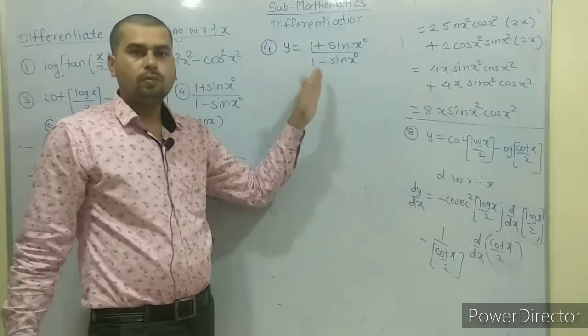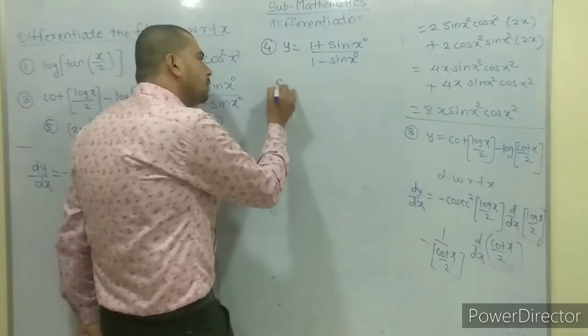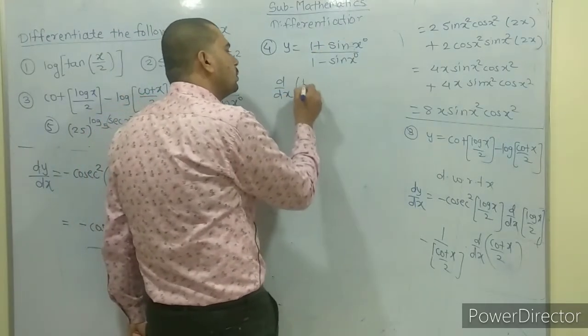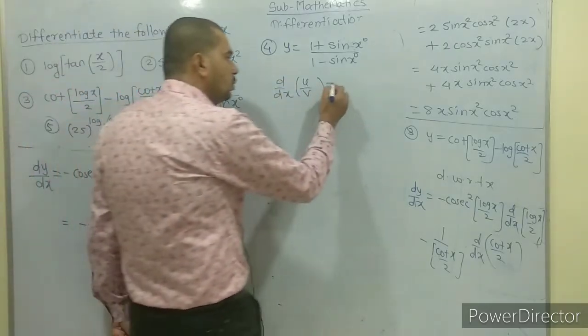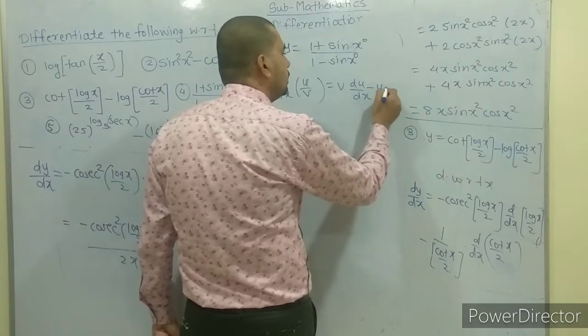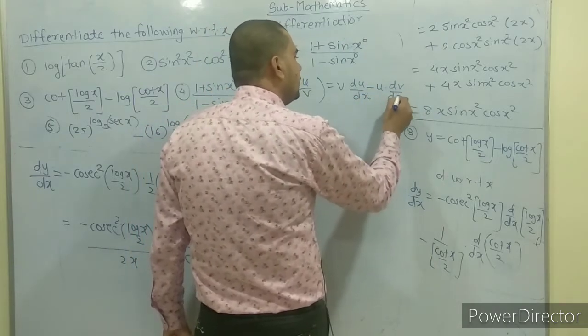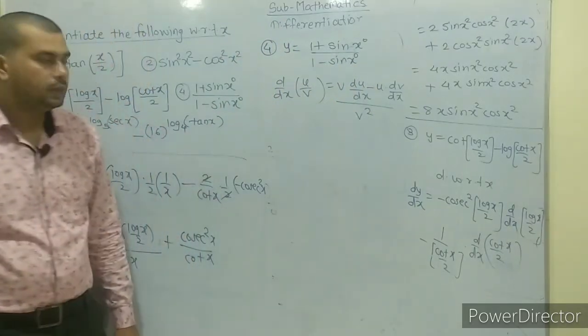And we know the formula for this type of examples. What is the formula for d by dx of u upon v? v into du by dx minus u into dv by dx, upon v square. This is the u upon v rule.